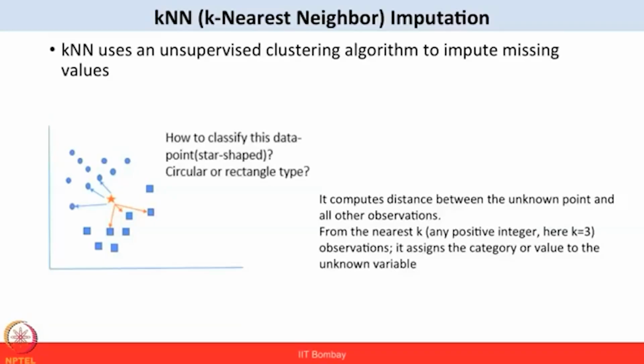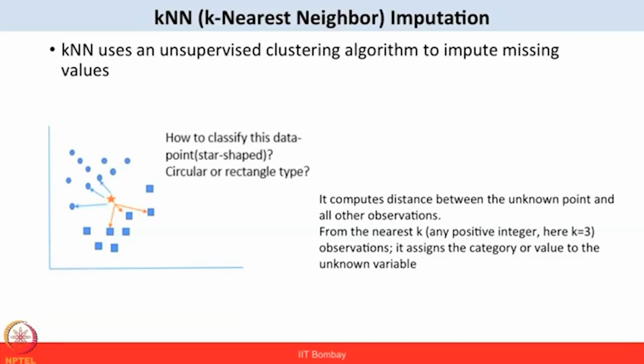Now coming to another missing value imputation approach, KNN, which stands for K nearest neighbor, and KNN uses an unsupervised algorithm to impute the missing values. If you look at the graph, there is the star shaped point. We do not know which category it belongs to.